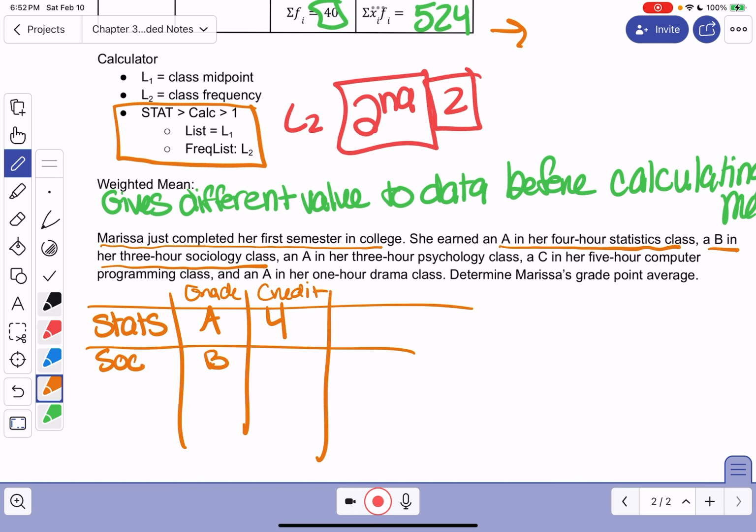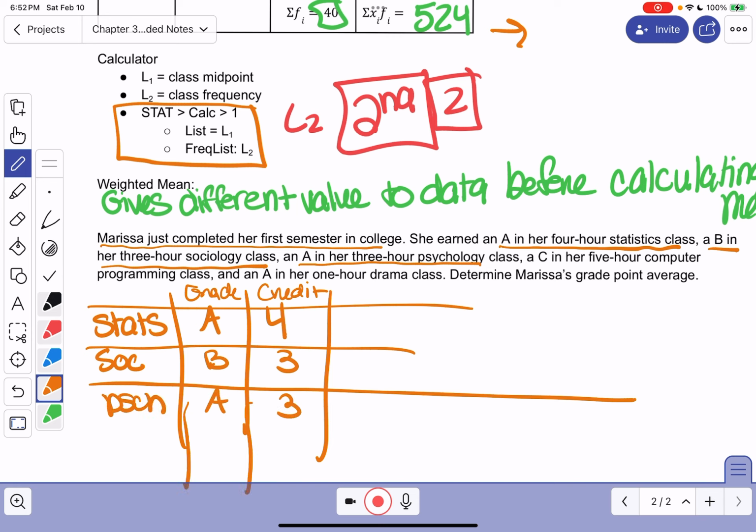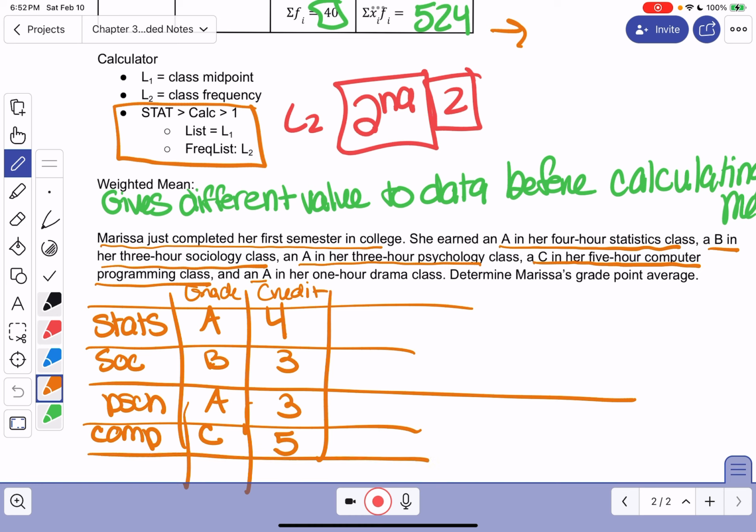So that was a B in 3 credits. An A in her 3-hour psychology class. So that was an A and it was 3 hours. A C in her 5-hour computer programming class. So that was a C and that was 5 hours. And then an A in her 1-hour drama class. So that was 1 hour.